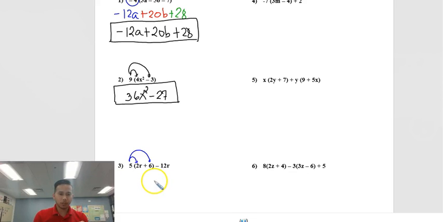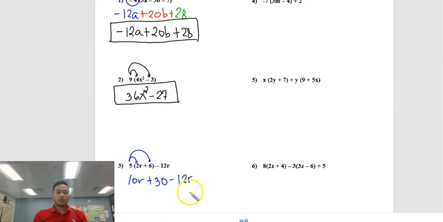Again, 2r plus 6 is one group. So 5 times 2r is 10r, plus 5 times 6, which is 30, and then you just bring down minus 12r.